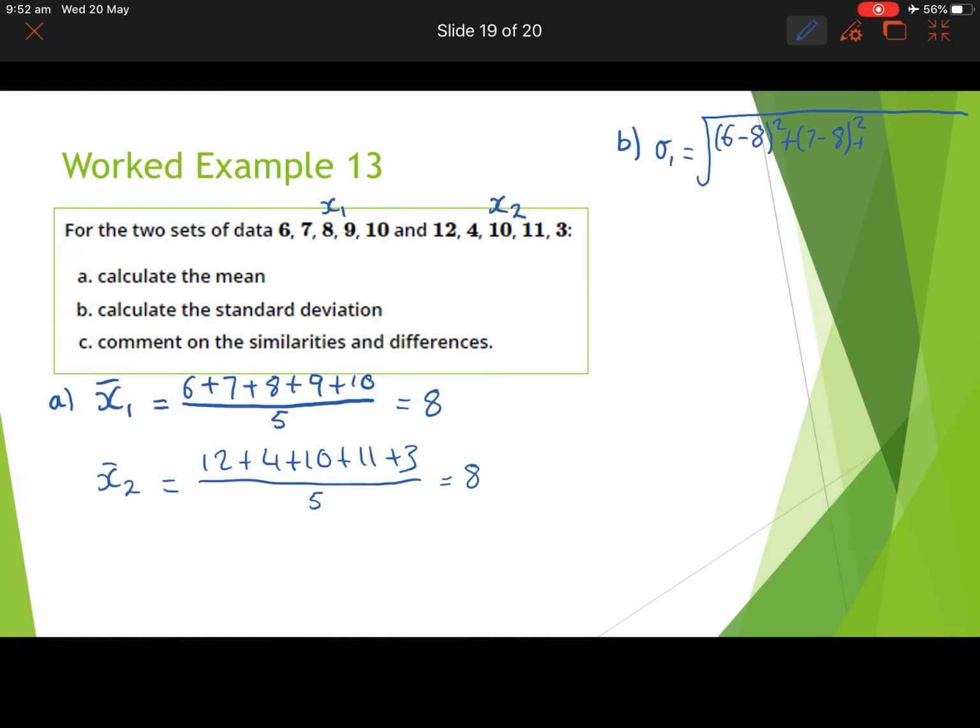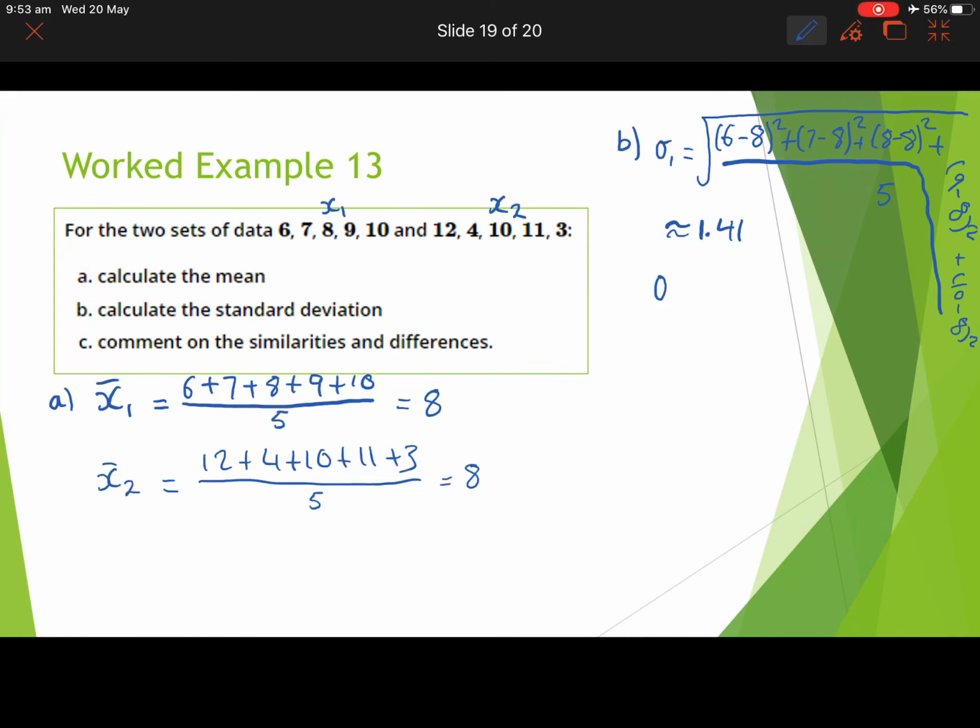You would have learnt that yesterday with Miss Tao. 8 minus 8 squared, plus 9 minus 8 squared, plus 10 minus 8 squared, and that all gets divided by 5, because there are 5 numbers in the set, and you should get approximately 1.41.